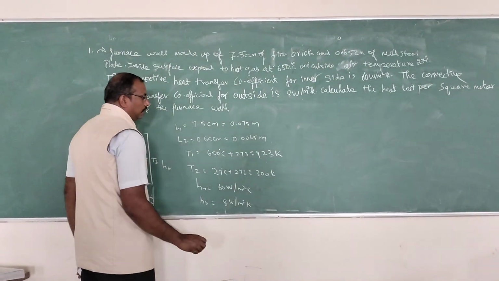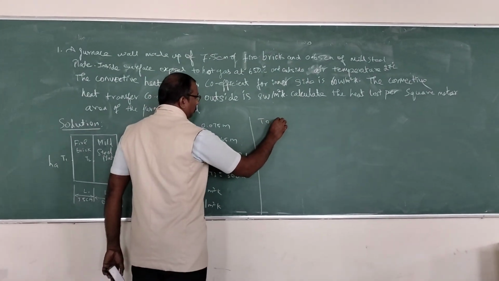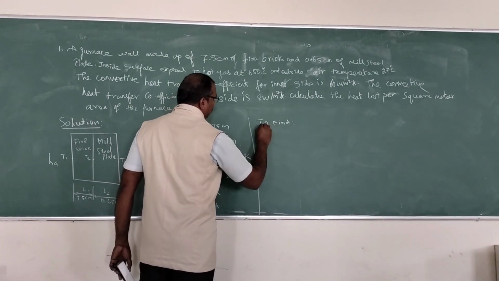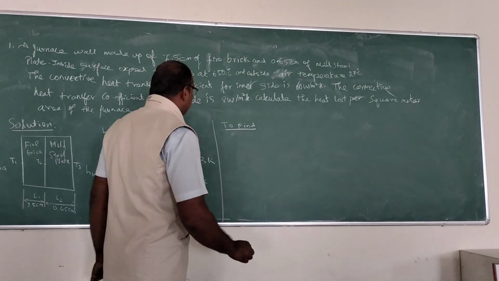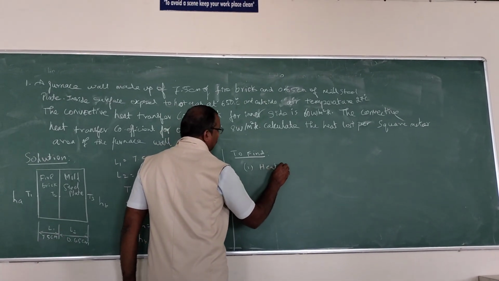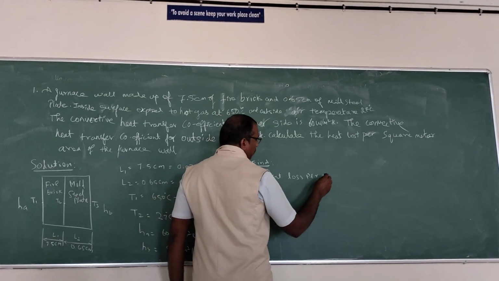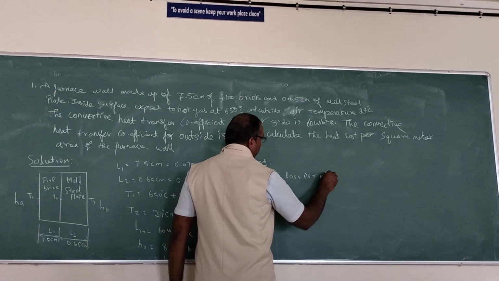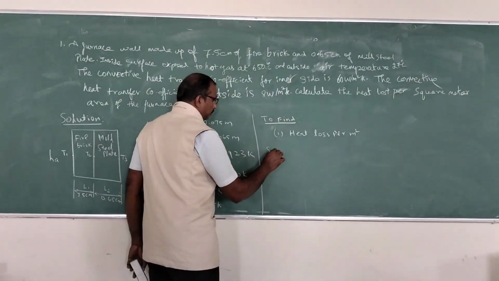These are the given data. Next, to find what is the heat loss per square meter area, that is Q by A, heat loss per meter square area. Okay. Next, the solution.